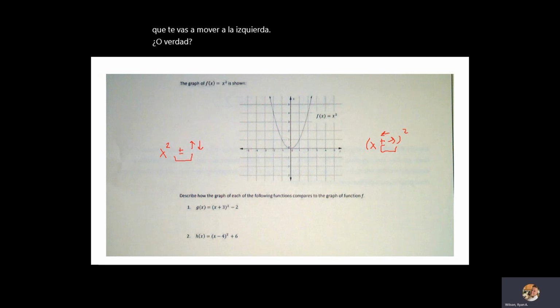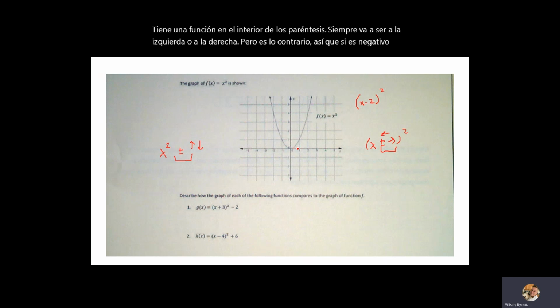Okay, so let me give you the simpler version and then we're going to combine the 2. So if you were given x minus 2 squared as a function, on the inside of parentheses, it's always going to be left or right. It's the opposite though. So if it's a -2, you're moving right on the x-axis too.